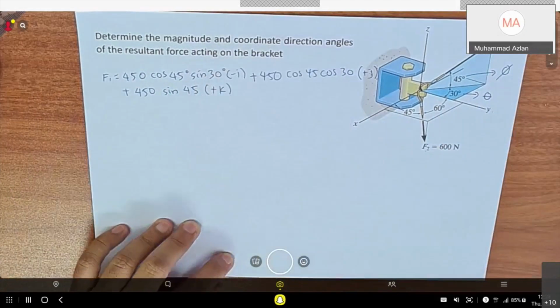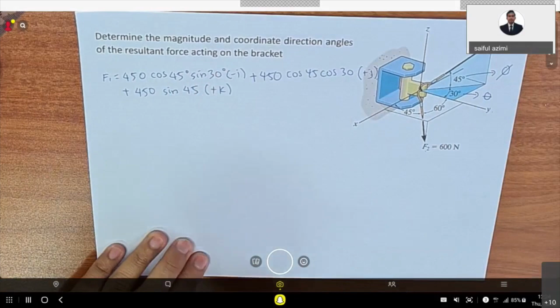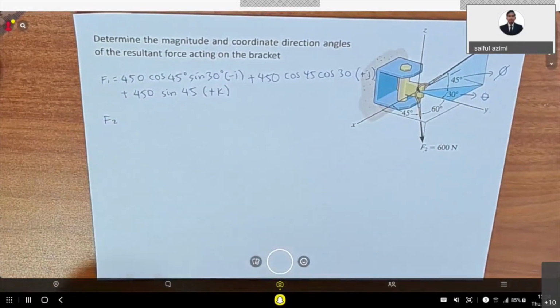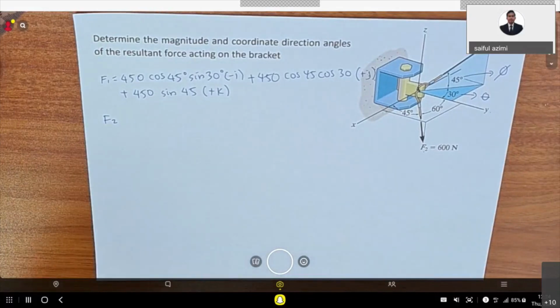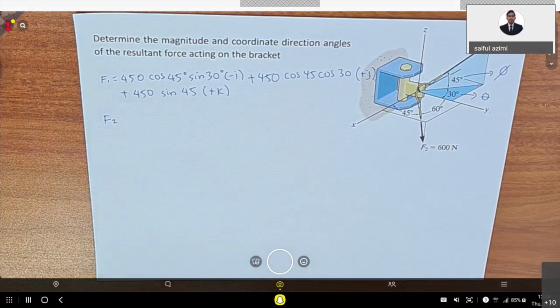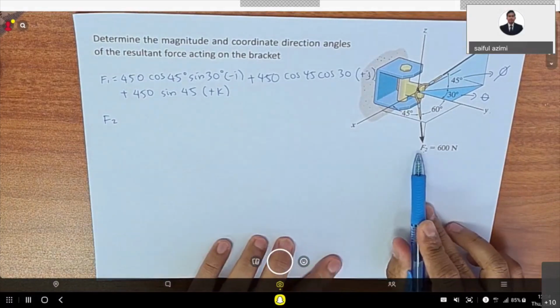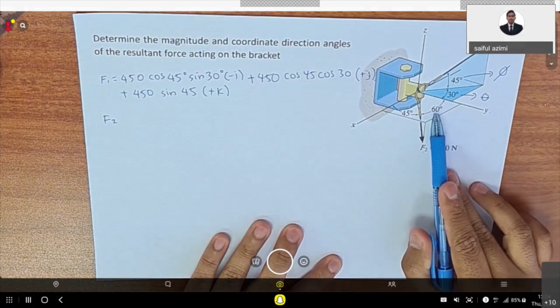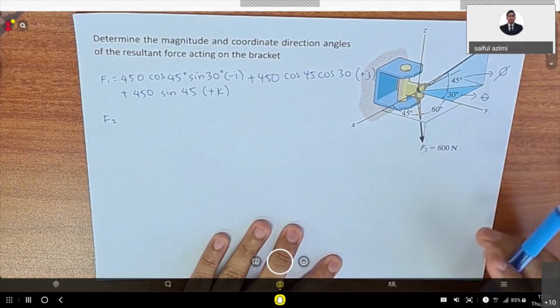Okay, what about the second force, F2? What is the angle that we have here? Is it easier for us to use 2 angle or 3 angle? This is force number 2. What is the angle here? 60 represents what? Beta.